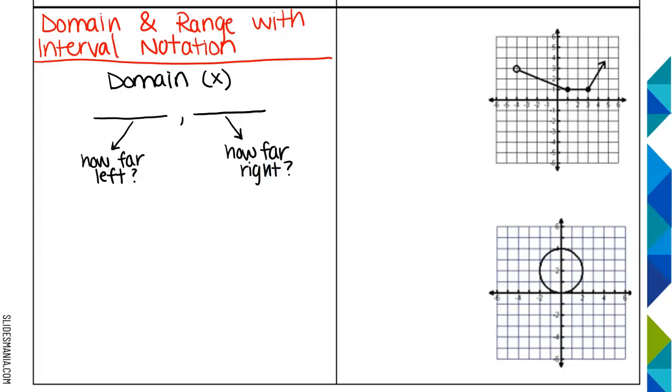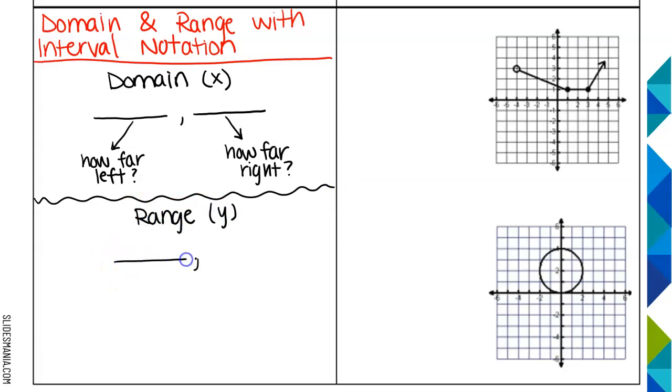Now you're going to need those parentheses and the brackets around that, but you can think about that after you figure out how far left and right. If we are trying to figure out range, that is our y values, and our y on our graph goes up and down.